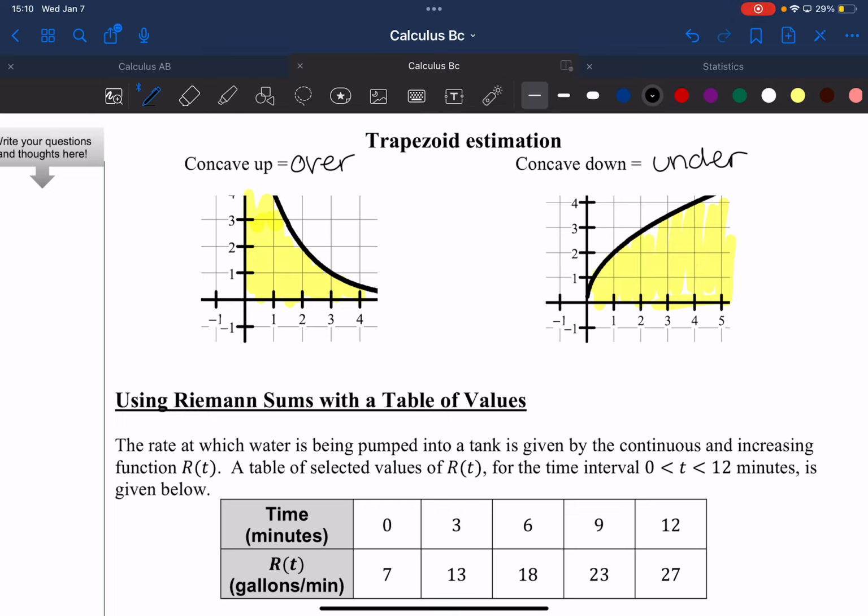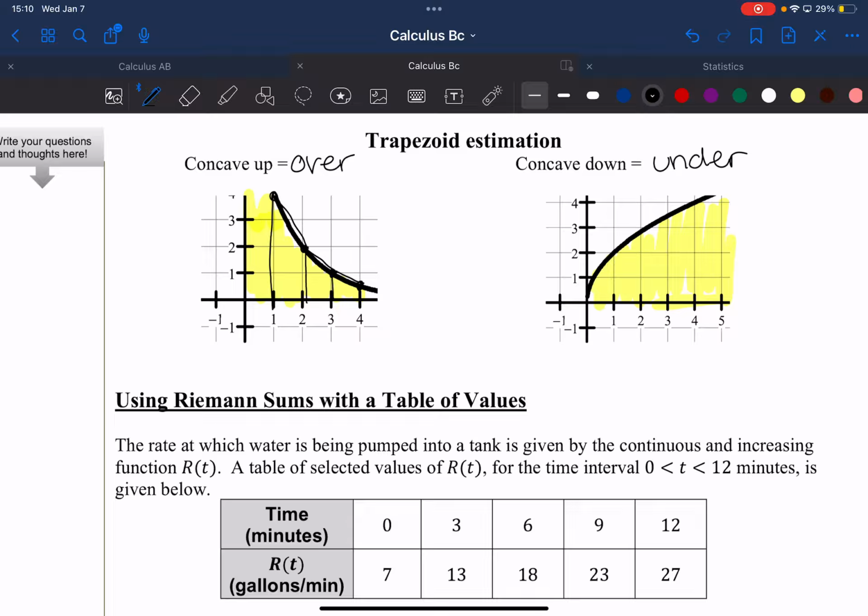And we see that on this first graph by how the trapezoid part of the function is going to go a little over the graph. So remember, once I have those points, I'm connecting them. And for this one, it looks like it doesn't go over a whole lot, but it's still over.